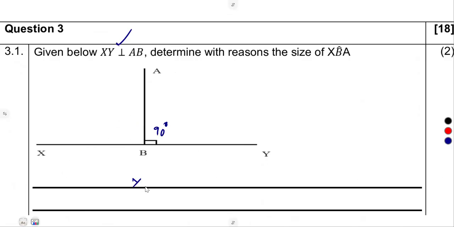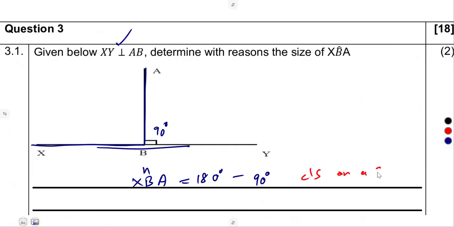So we can just write XBA, the remaining angle from angles on a straight line, 180 minus 90 degrees, angles on a straight line, we're going to have 90 degrees. Guys, these ones are already perpendicular. We're told that they're perpendicular, so it will be 90, 90. There's no way, it will be 90, 90.